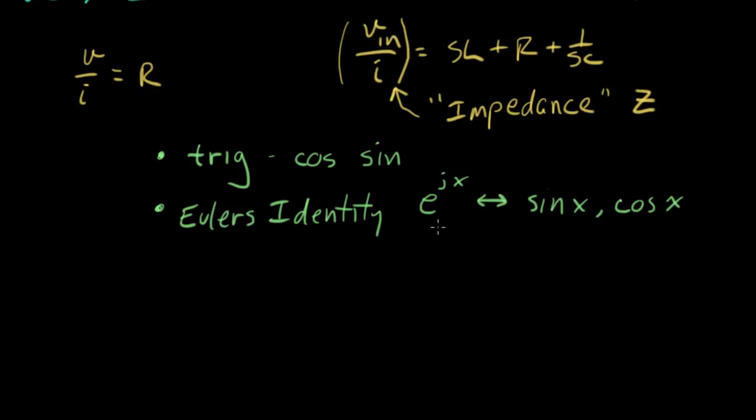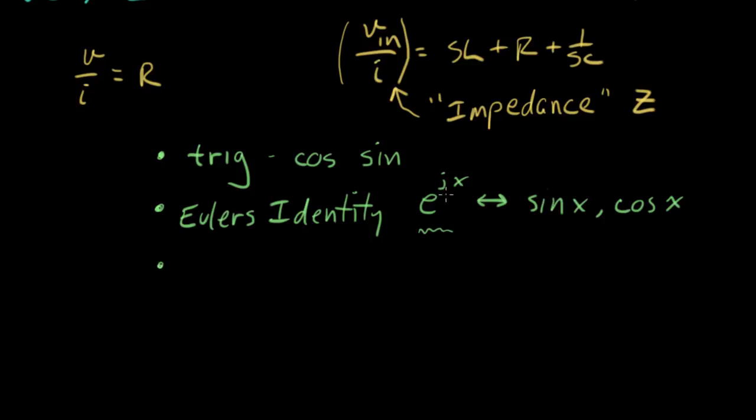And if you remember when we were solving differential equations, this was always the form that was the easiest solution to come up with, e to the something. And if we're limiting ourselves to sines and cosines for inputs, we need to have a really easy way to solve equations. So Euler's identity is the trigger that allows us to do that.